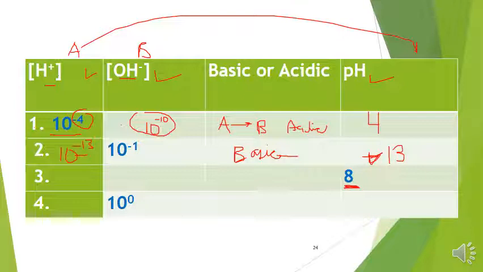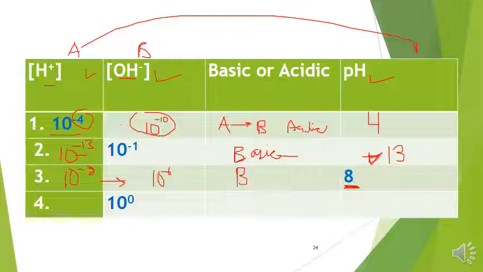On the third example, I have 8 as the pH. What can I figure from that? I can figure out the H plus. So this is going to be 10 to the minus 8th. Now I can figure out how much OH minus: 10 to the minus 6.